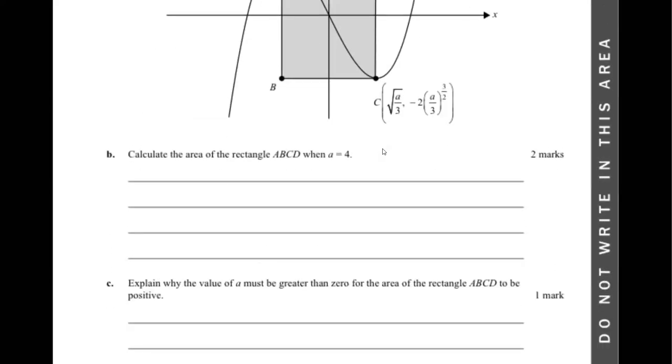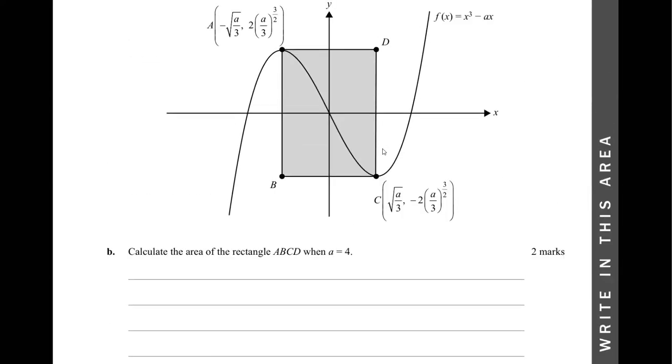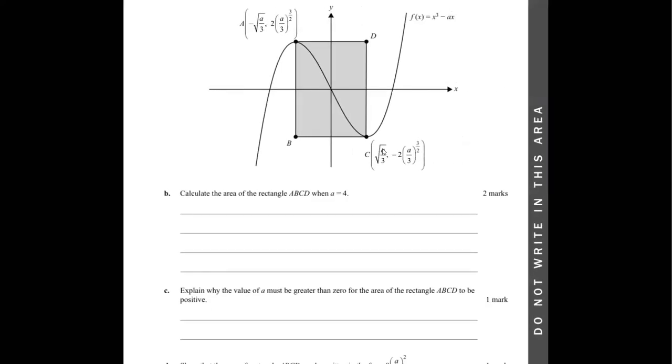Okay. So we can actually formulate this area. Area of rectangle: this bit is root a over 3, so this bit is root a over 3 as well, 2 times root 4 over 3. That's the width times the height.